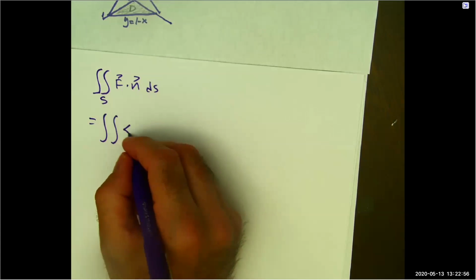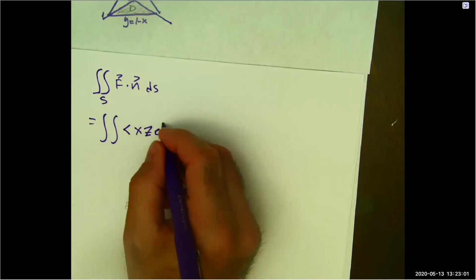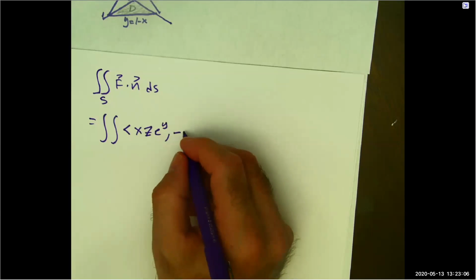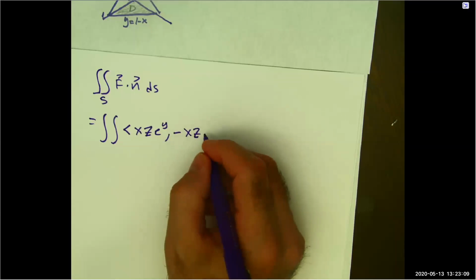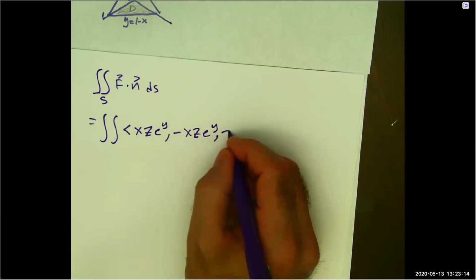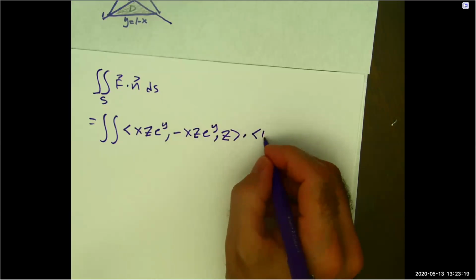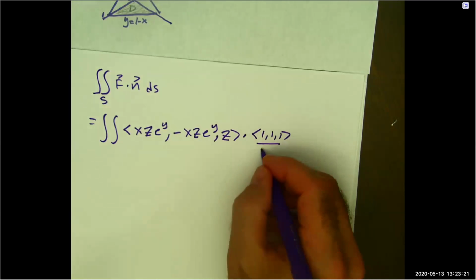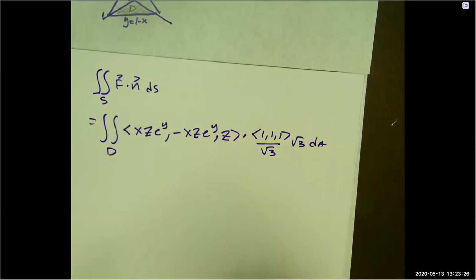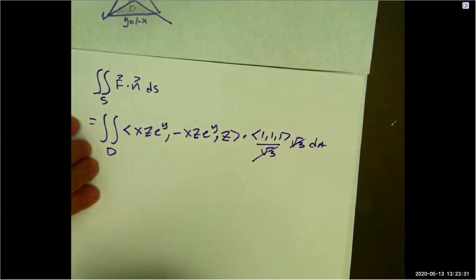So we're going to have our vector field, which is going to be xz, e to the y, then minus xz, e to the y, and then z, and we're going to dot this with 1, 1, 1 over root 3, and we're going to times it by root 3 dA, and we're going to be integrating over the D, and then these guys cancel. I could just skip that step.